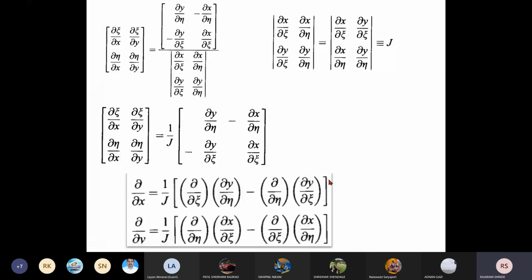So the inverse transformation and formal transformation are both the same. In formal transformation we write the computational plane in terms of the physical plane, and in inverse transformation we write the physical plane in terms of the computational plane.